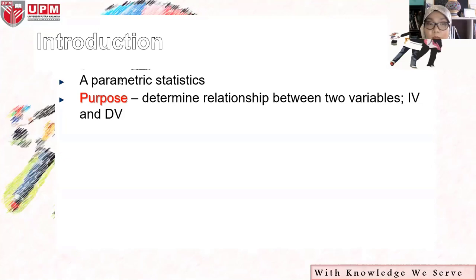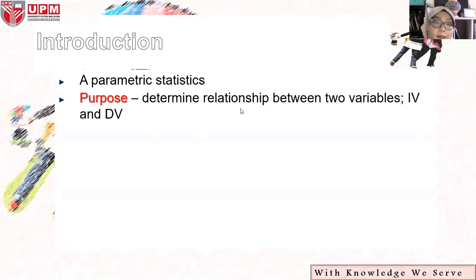Because it is parametric statistics, you need to make sure that both the independent variable and dependent variable of your study meet the assumption of normality. The purpose of running the analysis is to determine the relationship between the two variables, IV and DV.